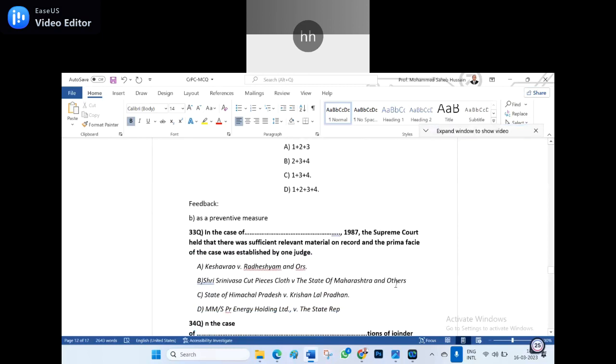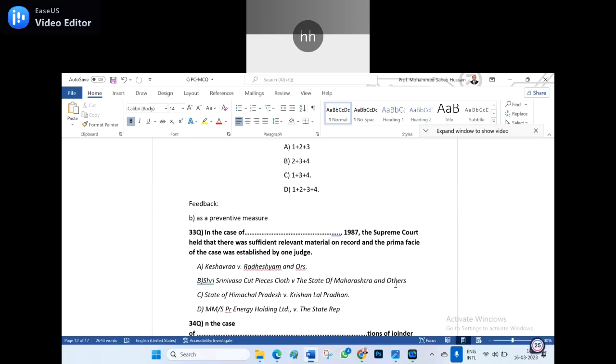So 33rd question, 33. In the case of dash, 1987, the Supreme Court held that there was sufficient relevant material on record and the prima facie case was established by one judge. In which case law? A, Keshav Rao versus Radheshyam and others. B, Sri Srinivasa Cut-Piece Cloth versus State of Maharashtra and others. C, State of Himachal Pradesh versus Kishan Lal Pradhan.